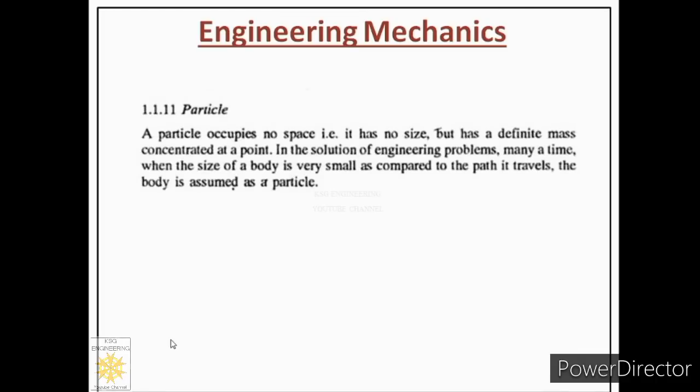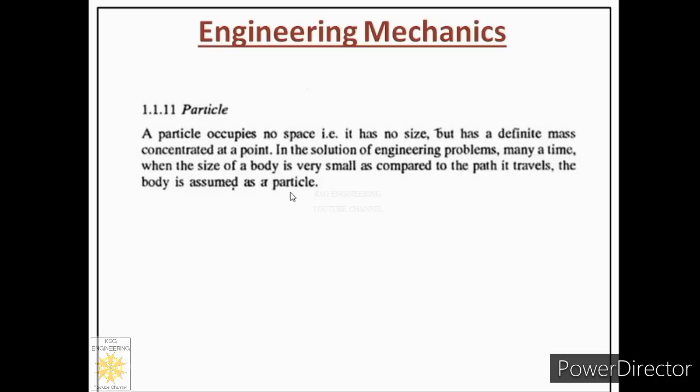Next is particle. A particle occupies no space, that is, it has no size but has a definite mass concentrated at a point. In the solution of engineering problems, many a time when the size of a body is very small as compared to the path it travels, the body is assumed as a particle. So basically when we solve some problems in this course, let us take one example.